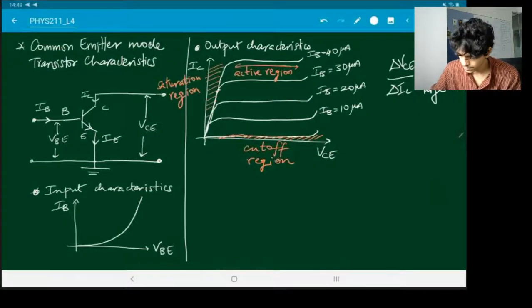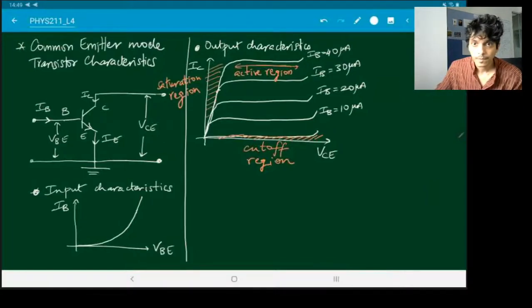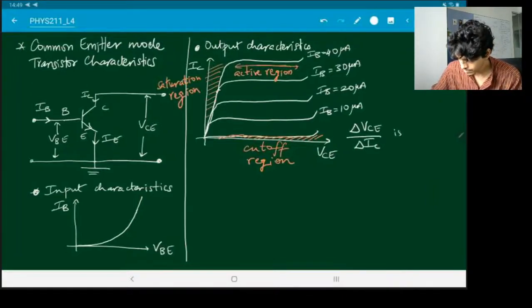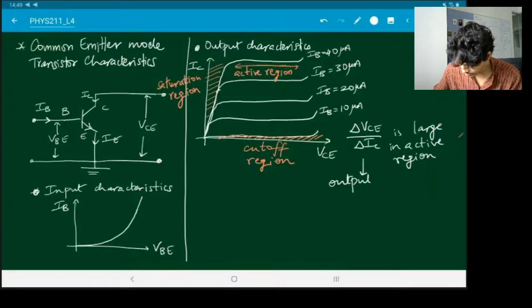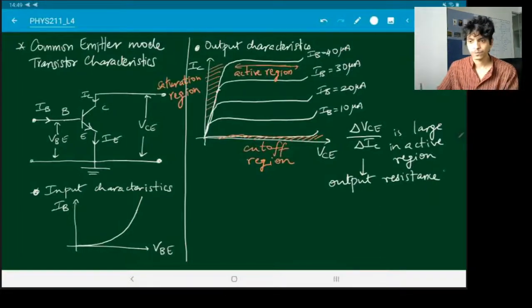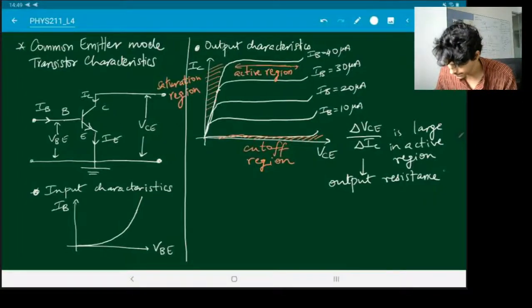So delta VCE over delta IC is large in the active region. But what is delta VCE over delta IC? This is the output resistance of the transistor, of this circuit that we have built. So the output resistance in this case is very high.